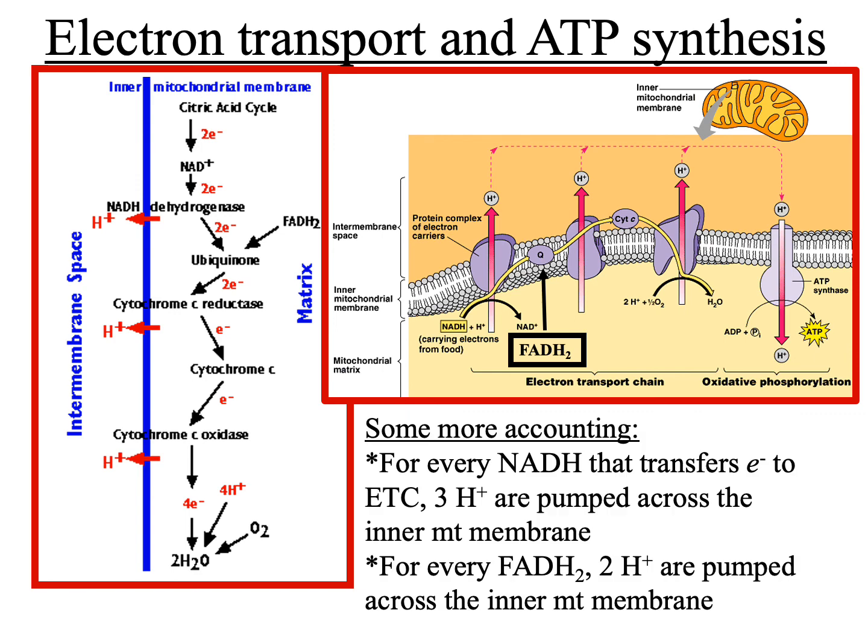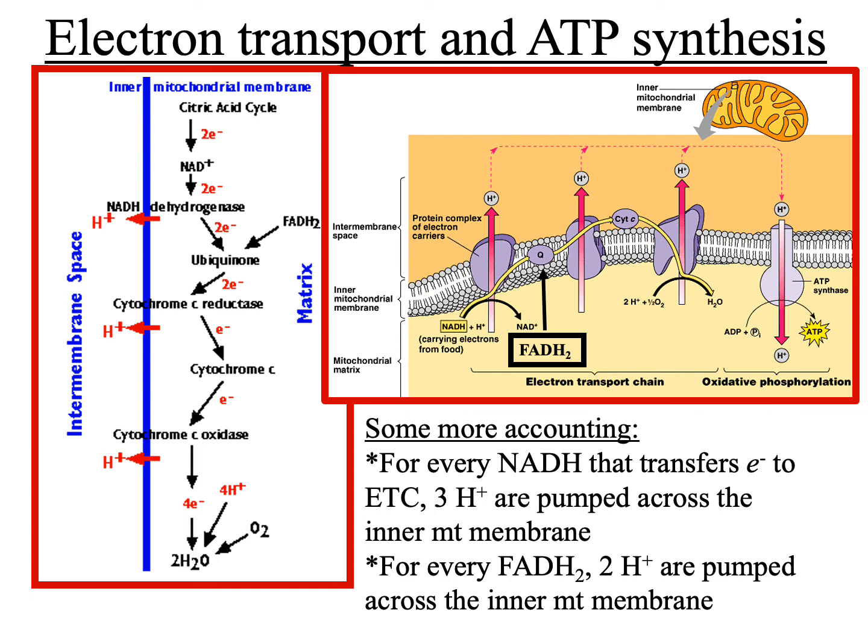So what we can do is a rough estimate of how much ATP can be produced overall through the electron transport chain. And the way we can do that is just by simply looking at electrons that get transferred from NADH or from FADH2. So for every NADH that transfers an electron to the electron transport chain, 3 hydrogen ions get pumped across the membrane.